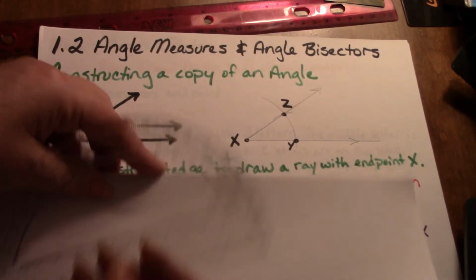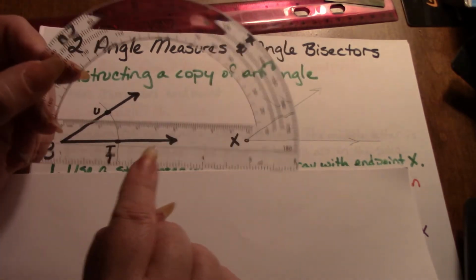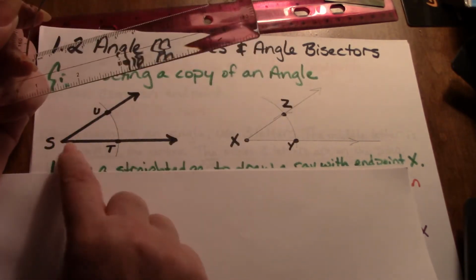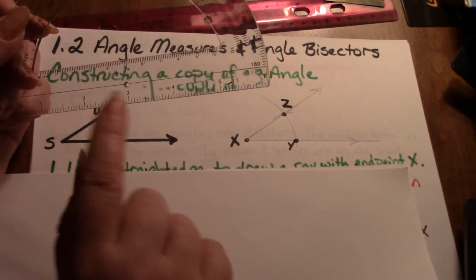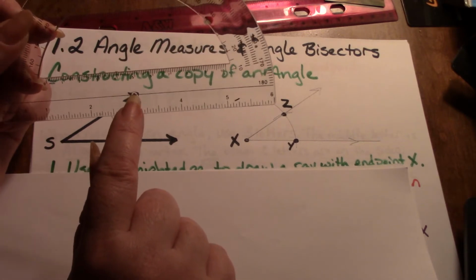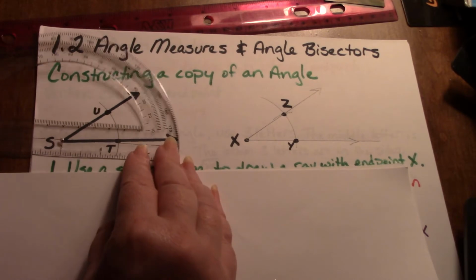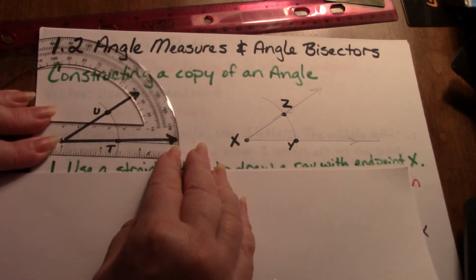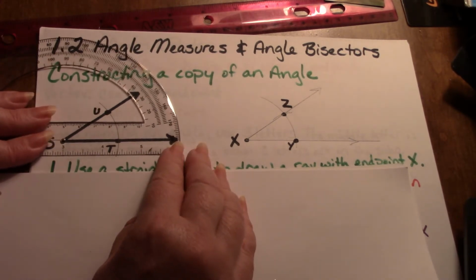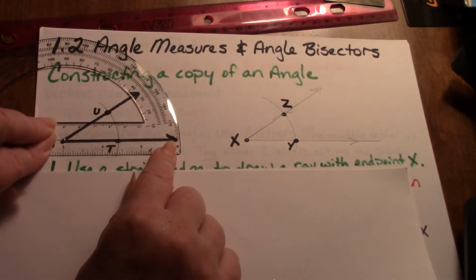And I'm going to get out a protractor and I'm going to make sure. How do I use a protractor correctly? I'm going to make sure that the end point, the vertex, is right in that circle, that little dot in the middle. And I'm going to line up my baseline with this zero here.